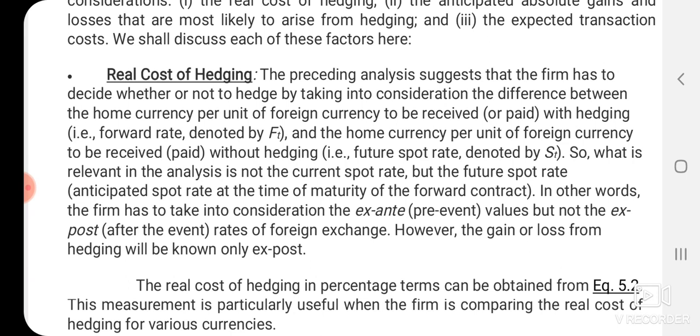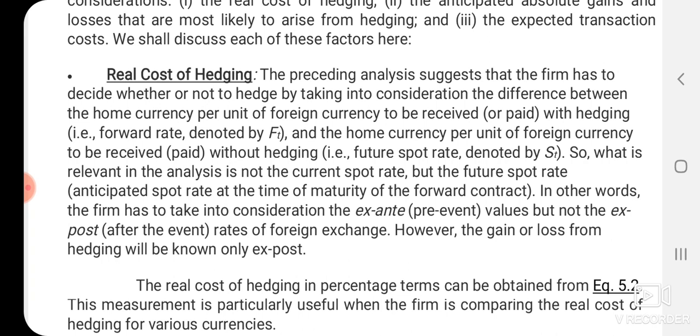By taking into consideration the difference between the home currency units of a foreign currency to be received or paid with hedging, that is the forward rate denoted by FT, and without hedging, that is the future spot rate denoted by ST.